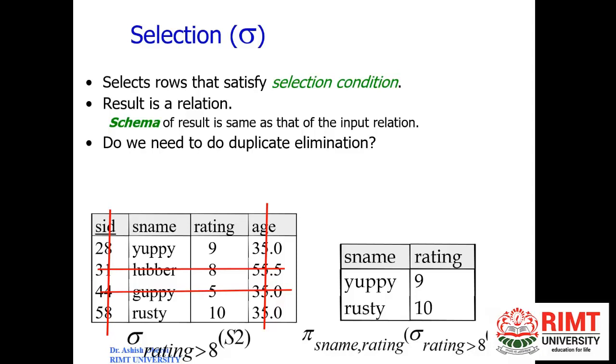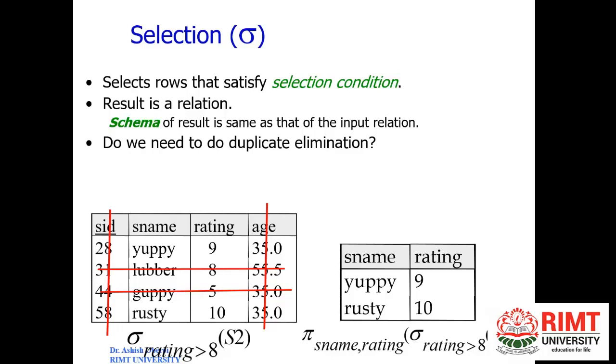So what is the output here? The output is Yuppie and Rusty because their rating is greater than 8, and Lubber and Guppy are not there because their rating is not greater than 8. It means we are applying a condition here. Clear? So this will be the output.